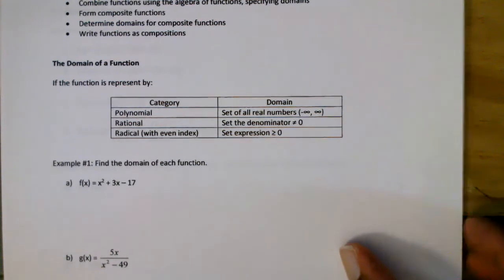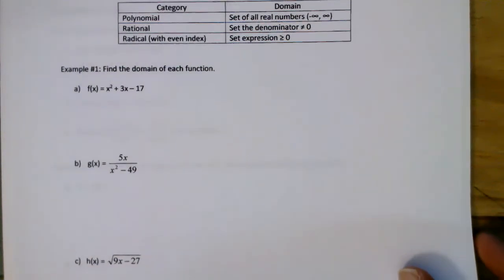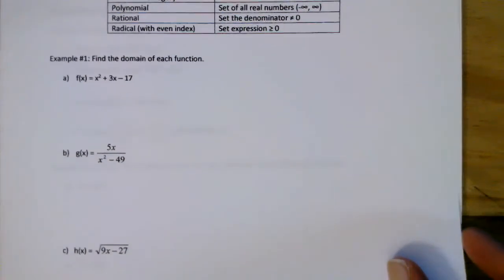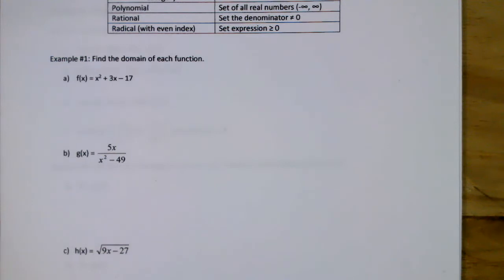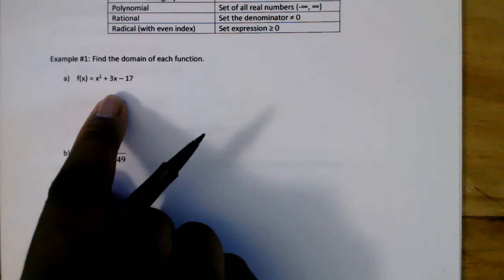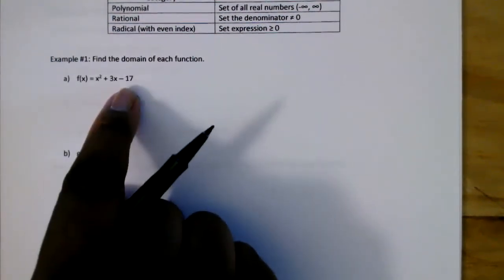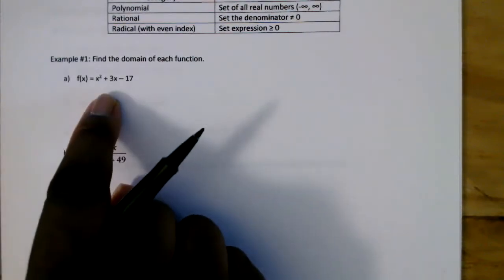So the first example that I'm going to show you is this. Let's say we want to find the domain of each function. In part A, we have f of x equals x squared plus 3x minus 17. In this case, we have a polynomial function, because we're never going to get a 0 in the denominator. It's just a regular polynomial function.